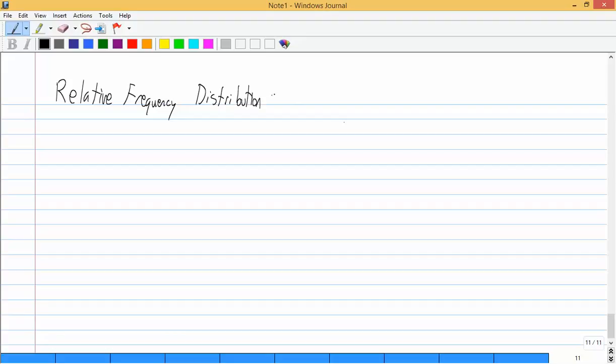The relative frequency of any class is the number of observations in the class divided by the total number of observations.